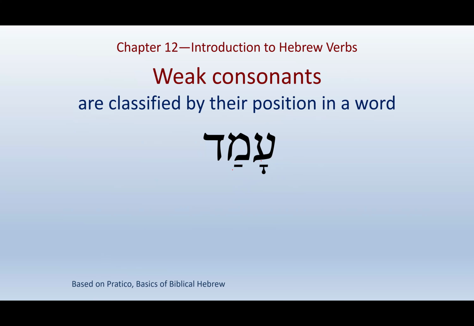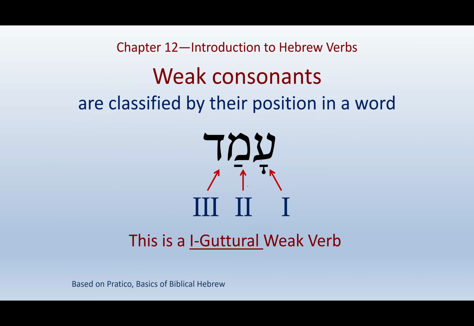So when we refer to the roots, we'll refer to R1 or root 1, R2, and R3. So it's just referring to which letter it is. And this one, if the first letter is a guttural, so this would be a one guttural weak verb.